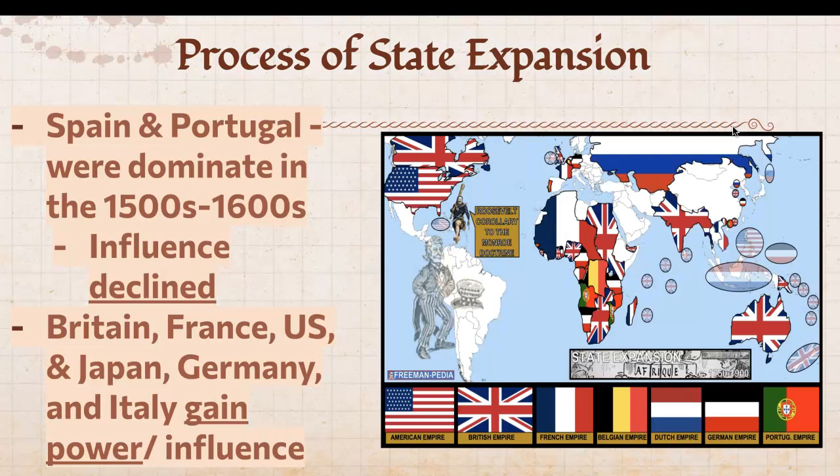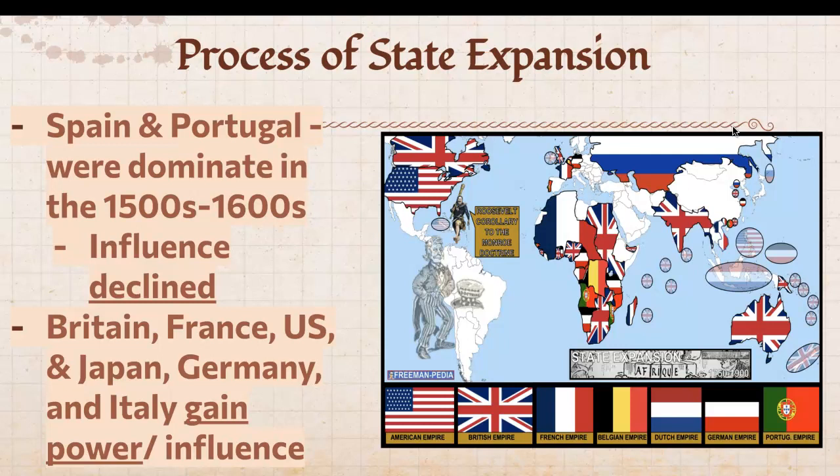So next we're going to talk about state expansion, so the growing imperialist countries growing in colonization. So in this time period, we are going to see Spain and Portugal actually decline in influence, because at one point in the 1500s and the 1600s, they did have a lot of political and economic influence, and that is because of Christopher Columbus coming over in the 1400s, and then Spain and Portugal both being able to colonize majority of Mesoamerica and South America.